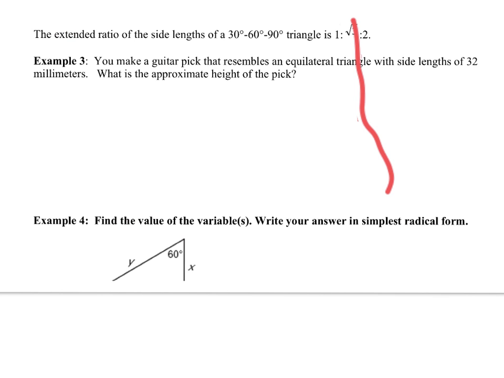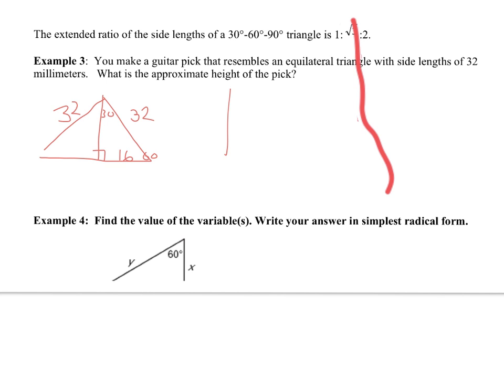Okay, example 3. You make a guitar pick that resembles an equilateral triangle with side lengths of 32. What's the approximate height? So each of these are 32, and that means this is going to be 16. So if it's an equilateral triangle, that's 30 degrees, this is 60 degrees.